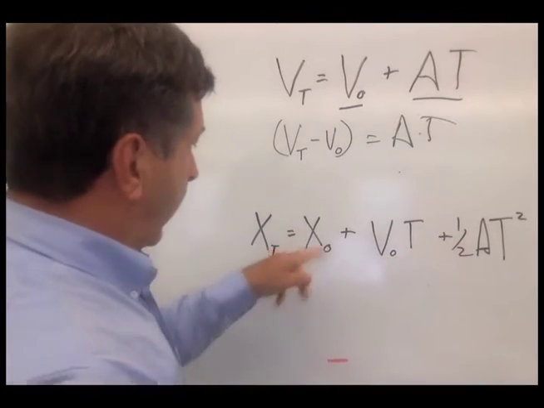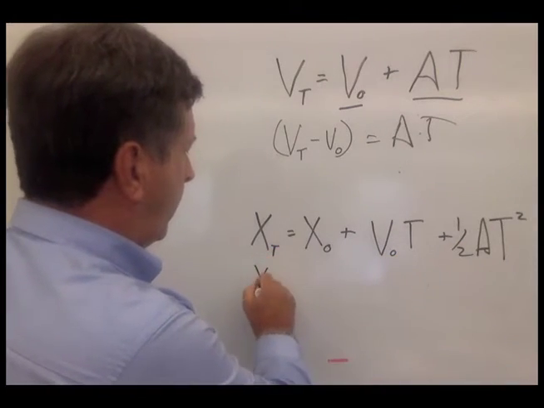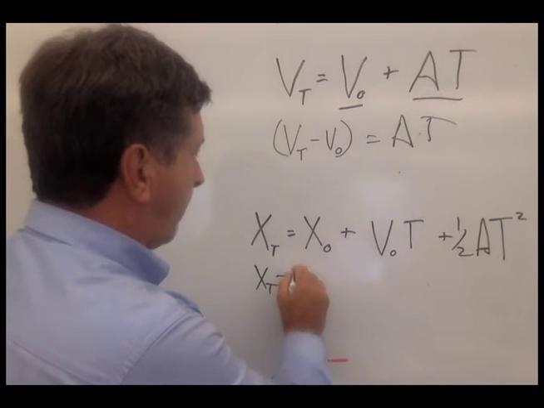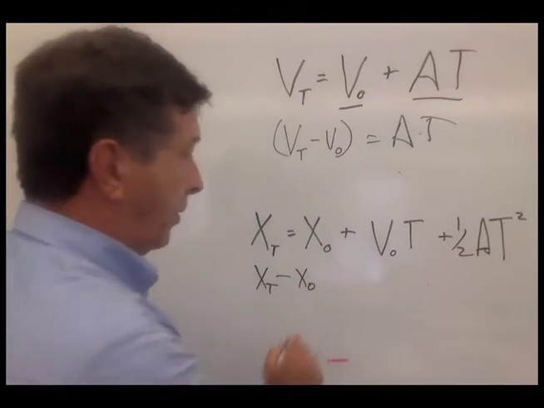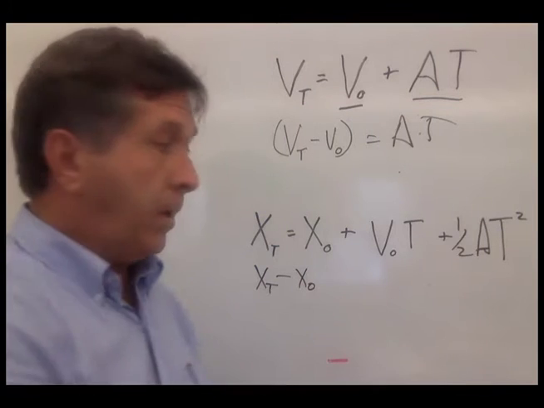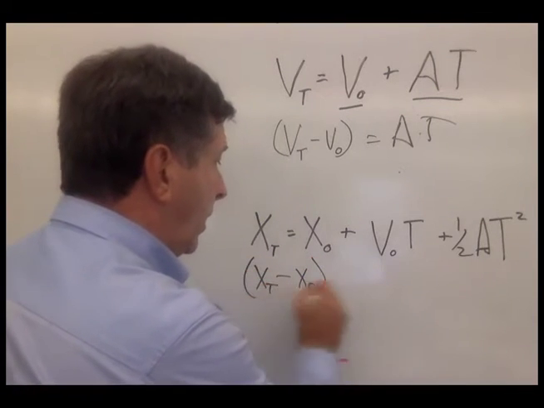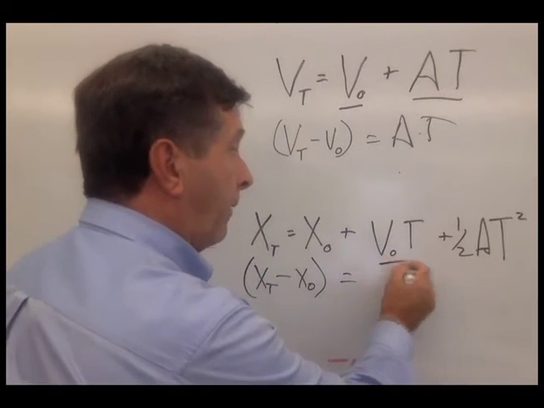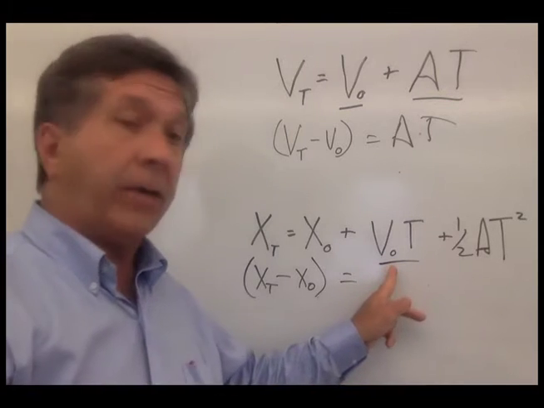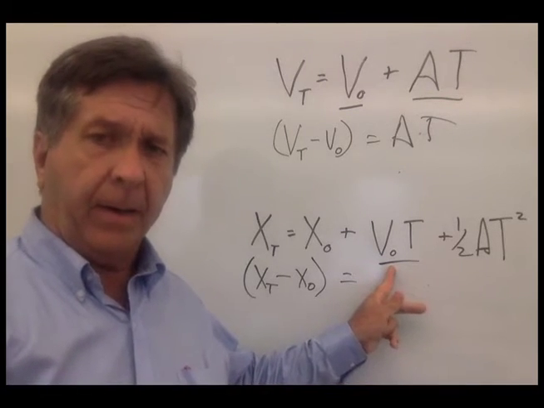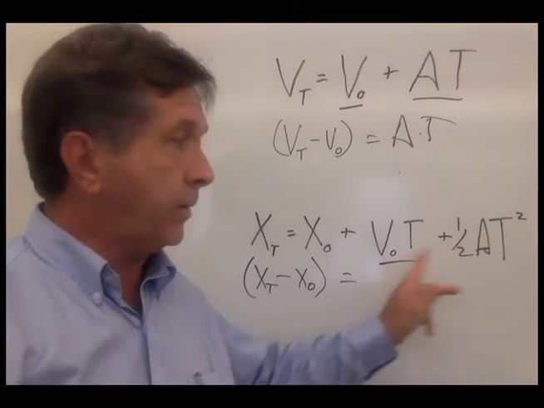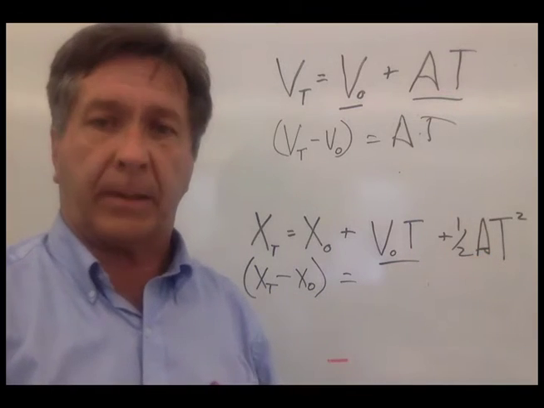In this one, I could say my position at time t minus my position initial, that's my change in position, is equal to whatever I would have changed had I not had any acceleration, plus whatever I changed due to my acceleration.